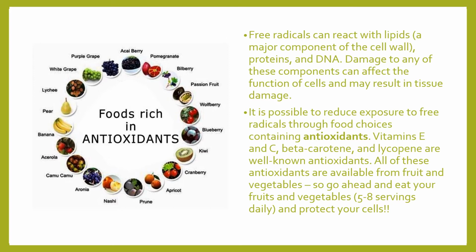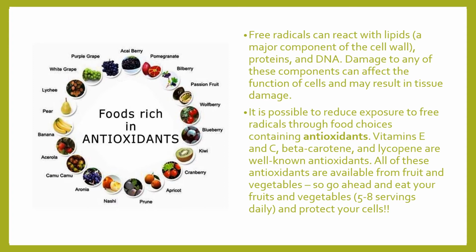What you see in my image is foods rich in antioxidants. And so this can be eliminated with these free radicals based on our food choices, because all these different vitamins or these different little particles or minerals inside of food are actually well known as antioxidants.